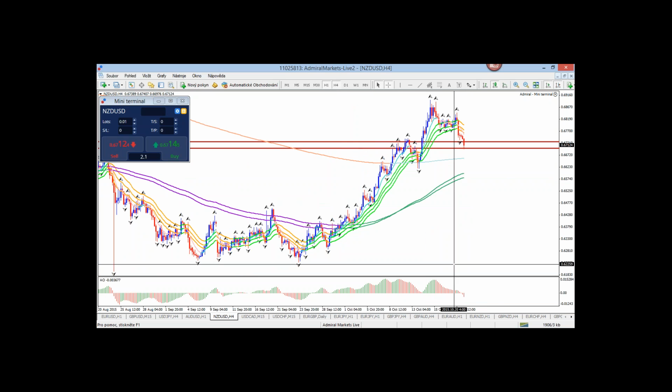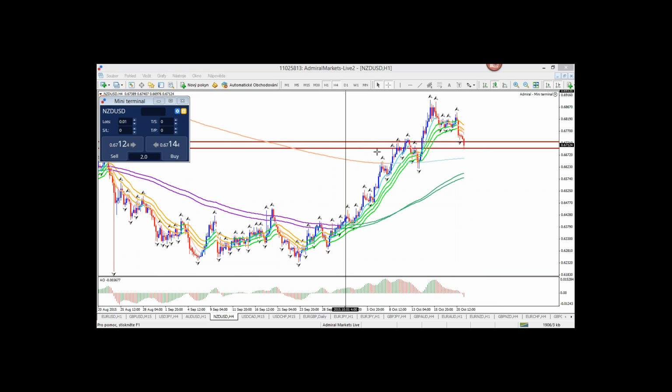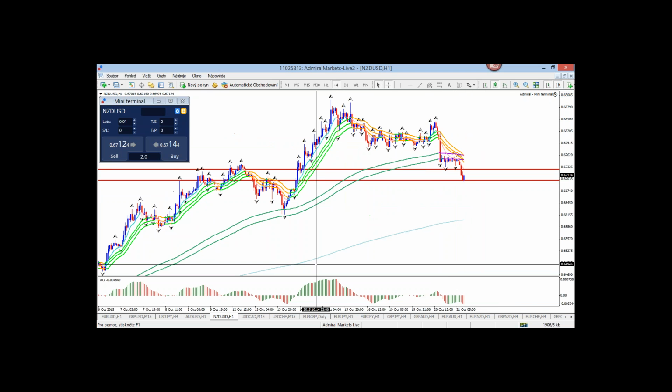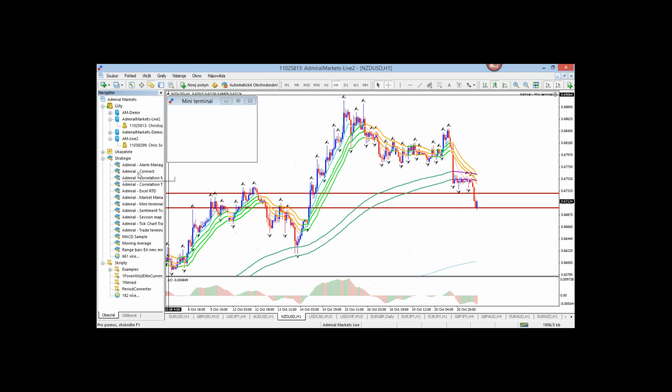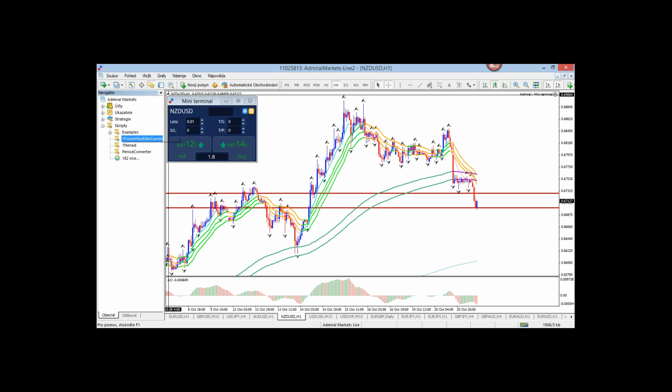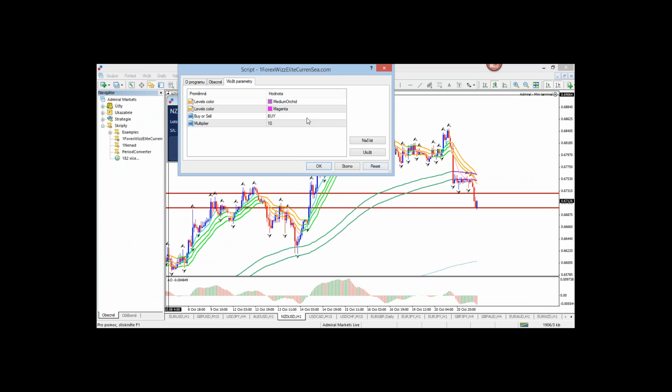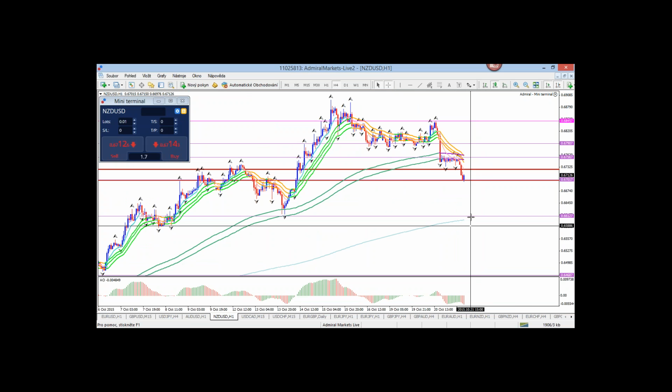Target at this moment is, let's check, let me take a look. Let me put on the fib levels. One second, folks. Back at the fib levels here. Target 66.10.